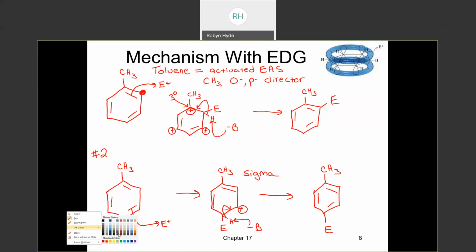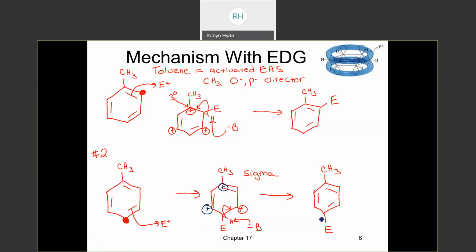Let's choose blue again. That's kind of a nice, brilliant color. So if there's a 1-3-5 relationship between all my cations, I would have a cation here, and then in a second resonance form, a cation here, and then a third resonance form, a cation here.